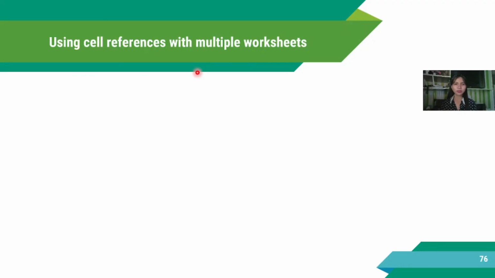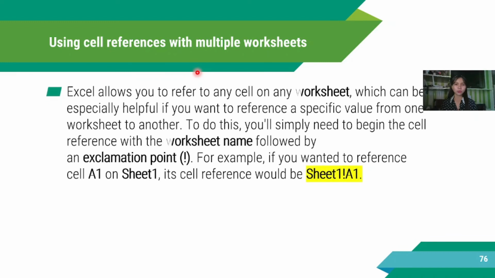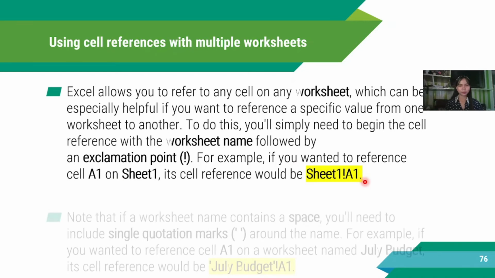So, use cell references with multiple worksheets. Excel allows you to refer to any cell on a worksheet, which can be especially helpful when you want to reference a specific value from one worksheet to another. Use the exclamation point, for example, Sheet1!A1.